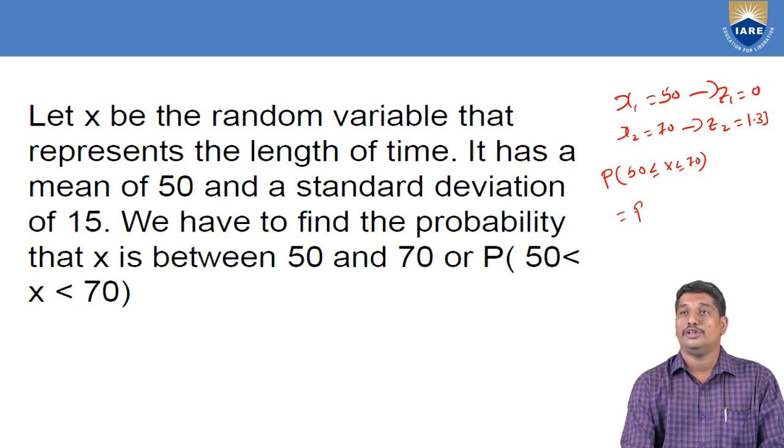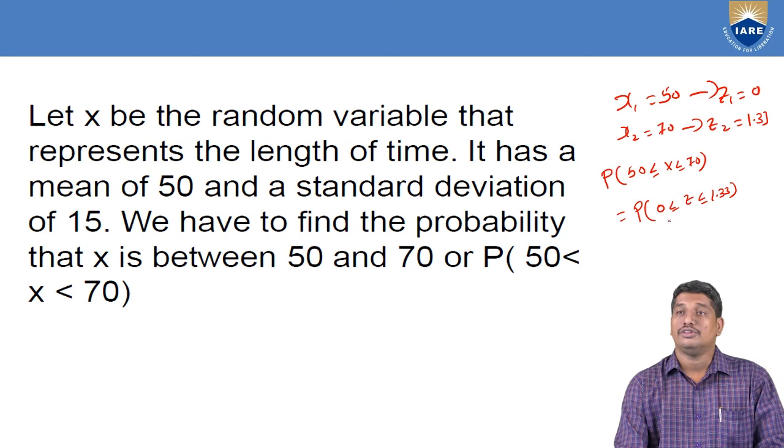That is probability of 0 less than or equal to z less than or equal to 1.33. Now here we observe that 0 and 1.33 both are positive, that is, both are of same sign. Same sign means A of 1.33 minus A of 0, that means area of upper limit minus area of lower limit.